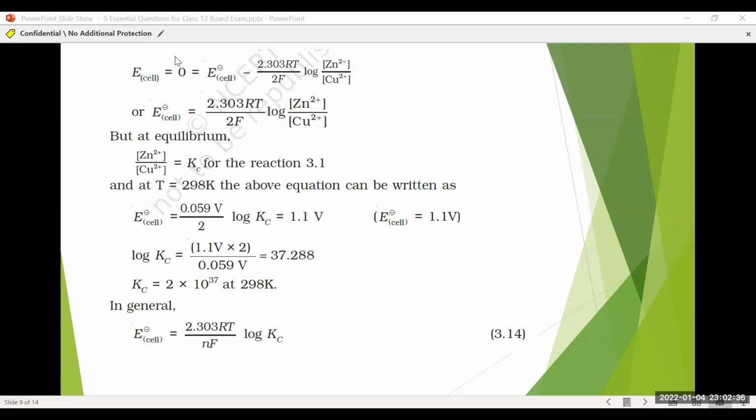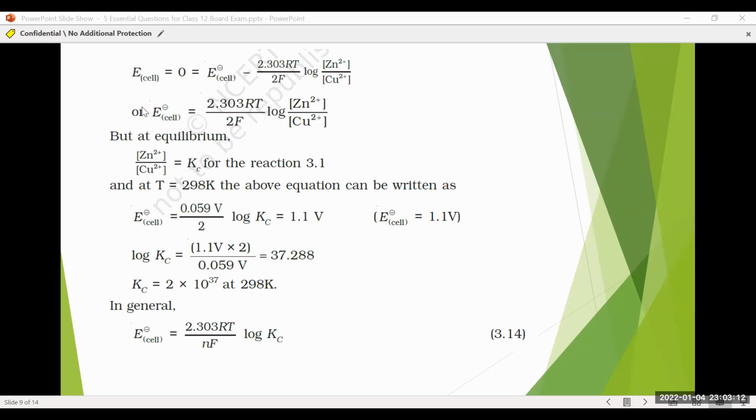आप देख सकते हैं लेफ्ट में, उस समय कोई करंट का फ्लो नहीं होता क्योंकि पोटेंशियल डिफरेंस 0 हो जाता है। इक्वल टू आपके एक्सप्रेशन में था E नॉट सेल माइनस, आप जब बेस 10 लॉग में कन्वर्ट करते हैं, देन रिएक्शन has this multiplicative number of the Nernst equation 2.303 RT upon NF, that is 2F in case of electrochemical cell, that is galvanic cell, log Zn2 plus upon Cu2 plus.